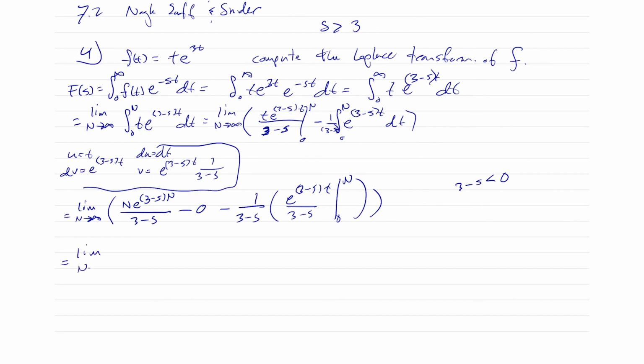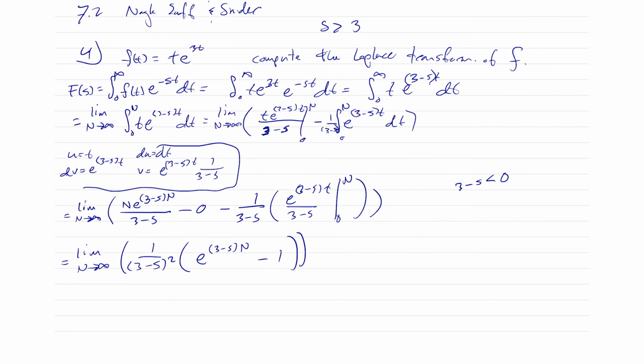So we get limit as n goes to infinity. This is 0, this is 0, so those go away. And we're now left with 1 over (3 minus s) squared, where this multiplies by this. And this is now multiplied by e to the (3 minus s)n. And we already wrote down the other bit. Minus 1.